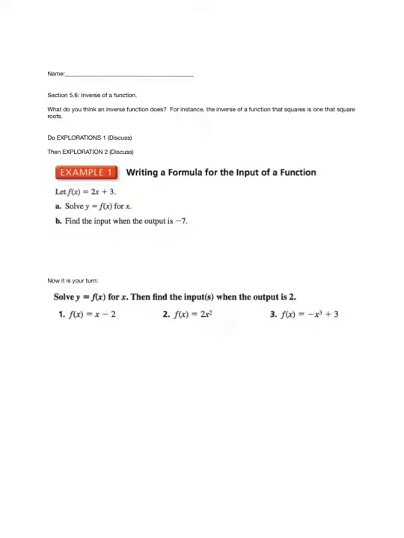Okay, what you should have noticed is on A, you had two lines that crossed. That may not have looked too interesting until you got to B. On B, you might have noticed that you had two shapes that were a reflection of each other. When I say a reflection, I want you to think about the line y equals x. The line y equals x is a diagonal line that goes from the lower left to the upper right.